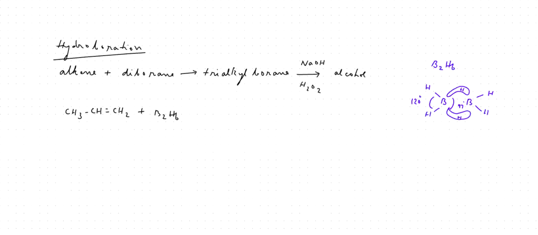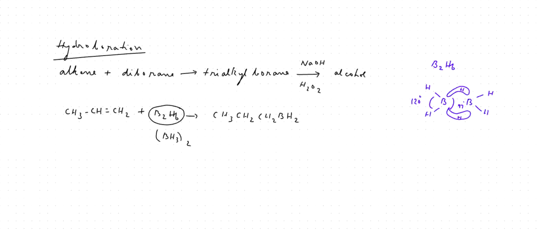First, CH3 CH2 CH2 BH2 is formed. This is considered as BH3 twice.